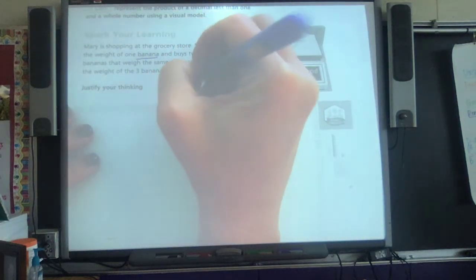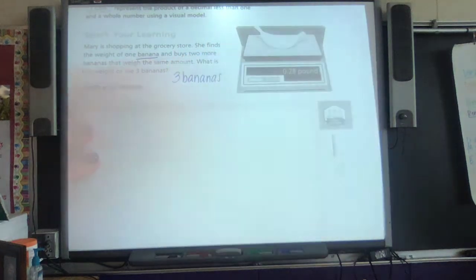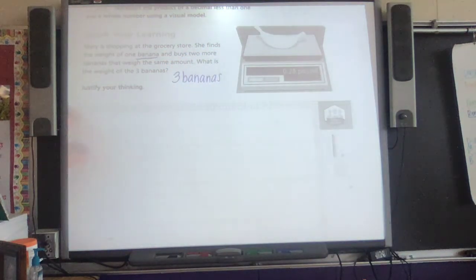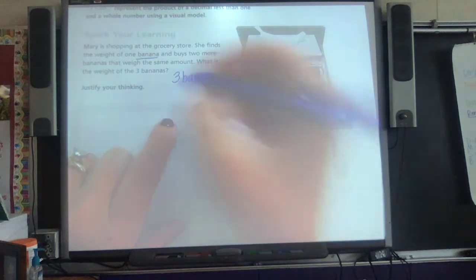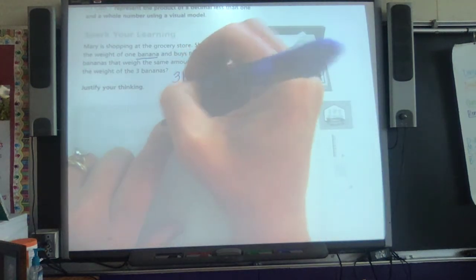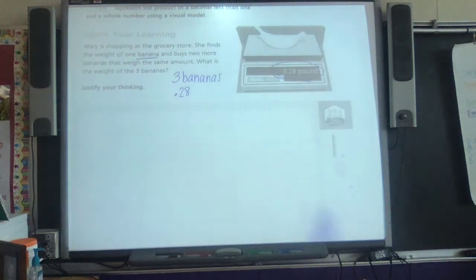I'm gonna just write that there for myself. Let's see. I'm trying to make sure this is dark enough for y'all to see well. And I know that every banana weighs 28 hundredths. 28 hundredths. So that is a decimal.